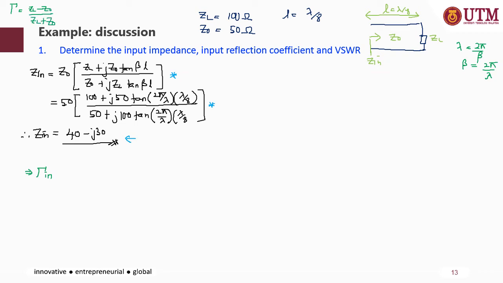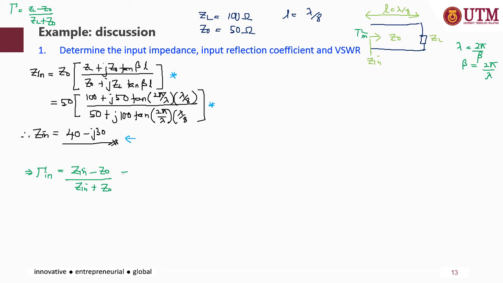But if it is input reflection coefficient, you should consider the reflection coefficient at the input point, at this point, in. So it is equal to Zin minus Z0 divided by Zin plus Z0.